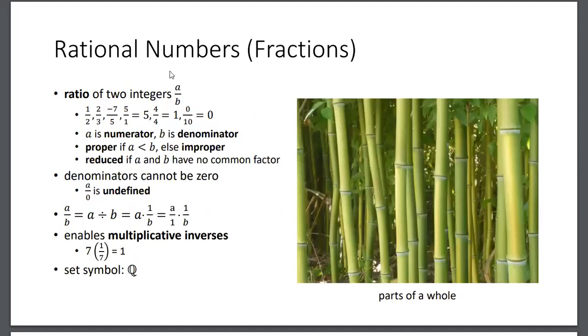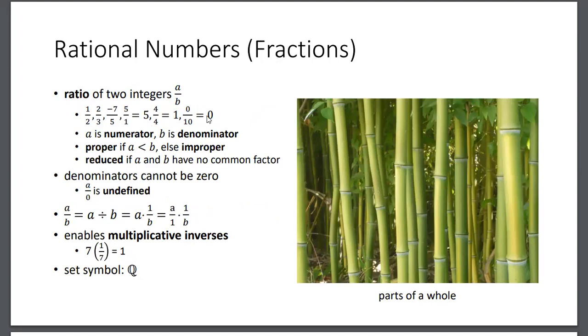Rational numbers are ratios of 2 integers, a over b. A is the numerator, b is the denominator. It's considered to be proper if a is strictly less than b. Otherwise, it's improper. And it's reduced if a and b have no common factor.